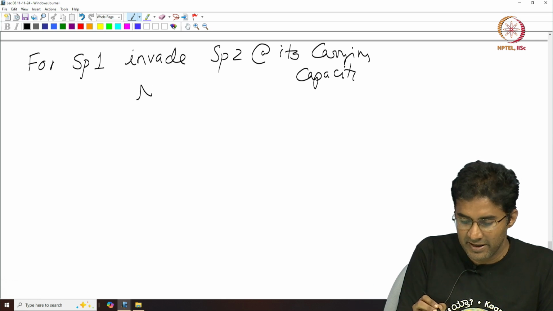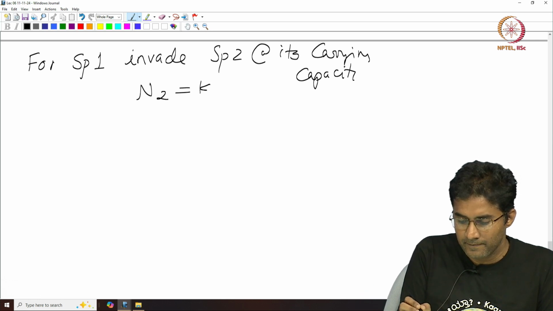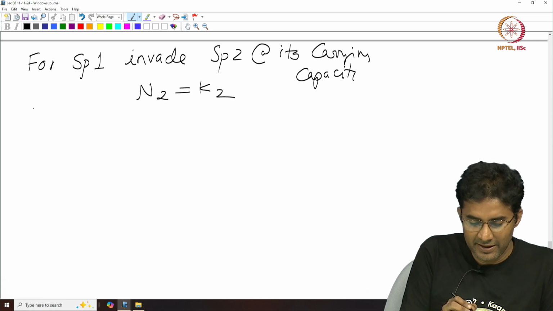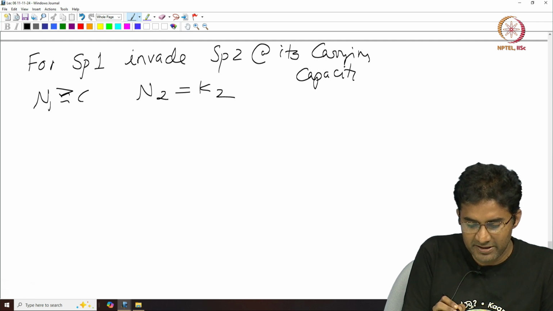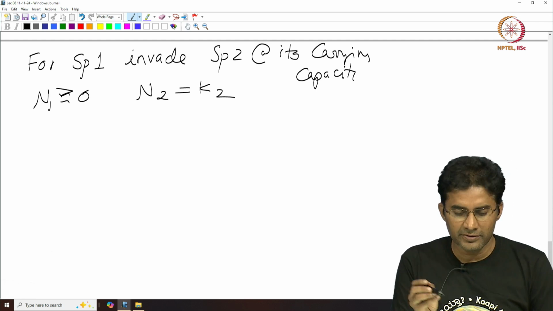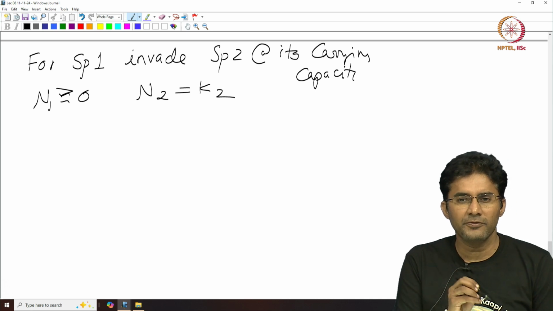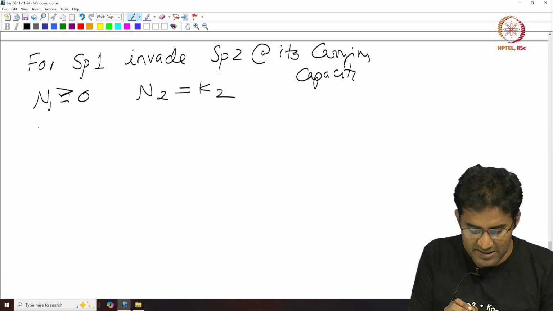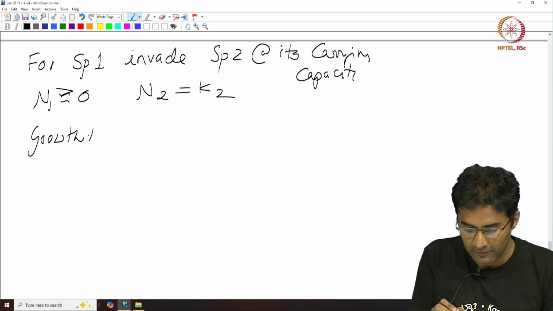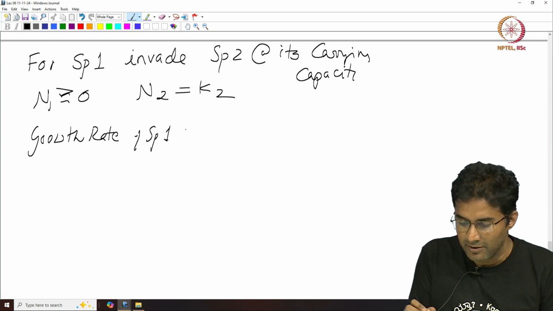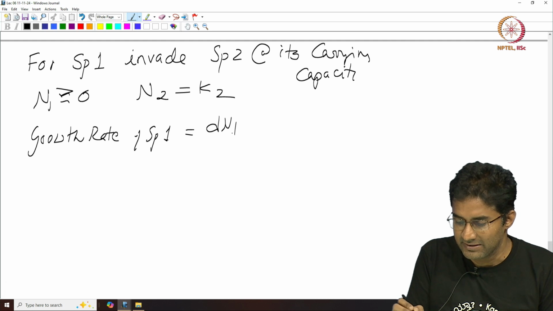In other words, N2 is K2 whereas N1 is small but just greater than 0. This is of course possible only when the growth rate of species 1, given by dN1 by dt, is greater than 0.